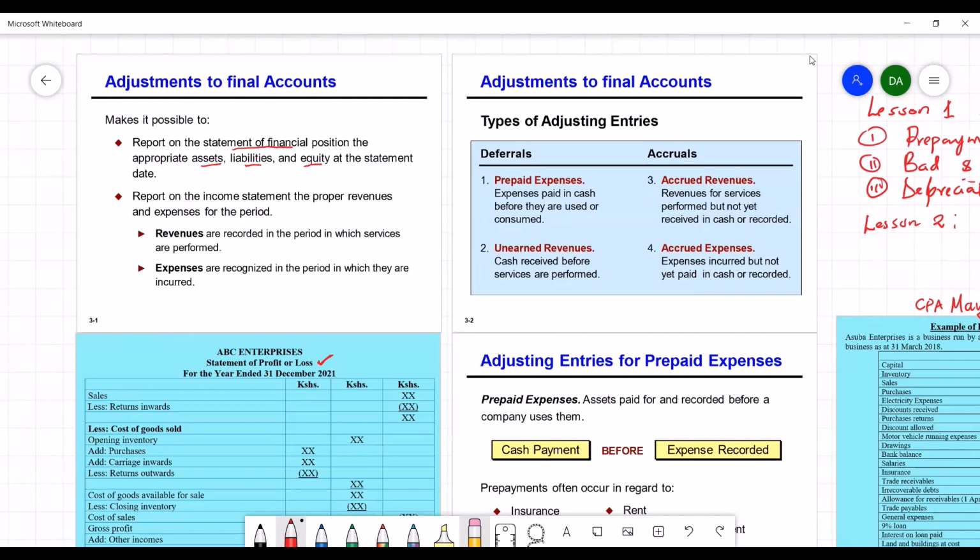It also reports on the statement of profit or loss the proper revenues and expenses for the period. That is, having taken into consideration the revenues that are recorded in the period in which they are performed, and also expenses that are supposed to be recognized in the period in which they are incurred.